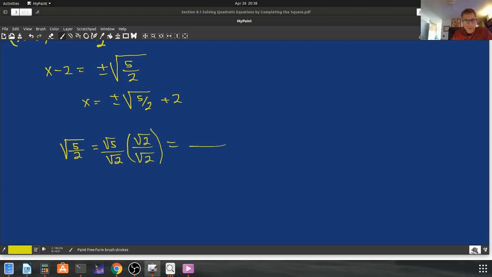So the square root of 2 times the square root of 2 is 2. Now I use the fact that these have the same indices. That's just equal to the square root of 5 times 2, which is 10. So that means x is equal to plus or minus the square root of 10 over 2 plus 2.